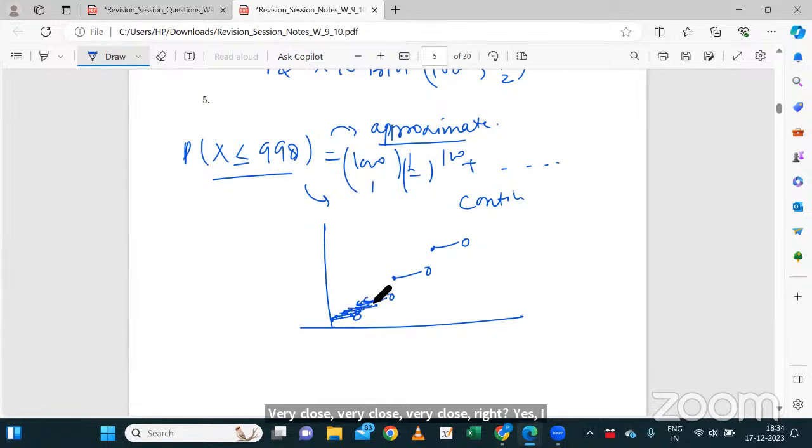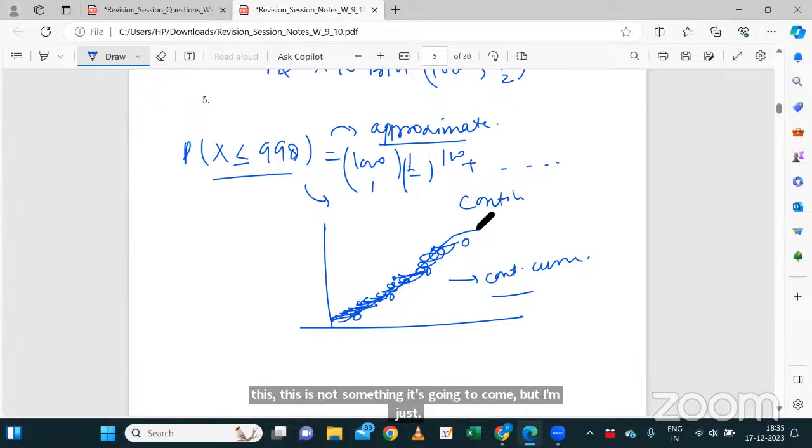For a 1000 data set, something like that. So at the end you will get a continuous curve. That is how we are moving from discrete to continuous. Don't take tension, this is not something that is going to come, but I am just giving you a rough idea of how we are moving from discrete to continuous.